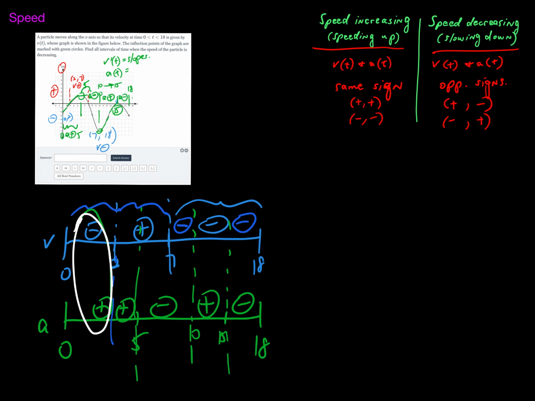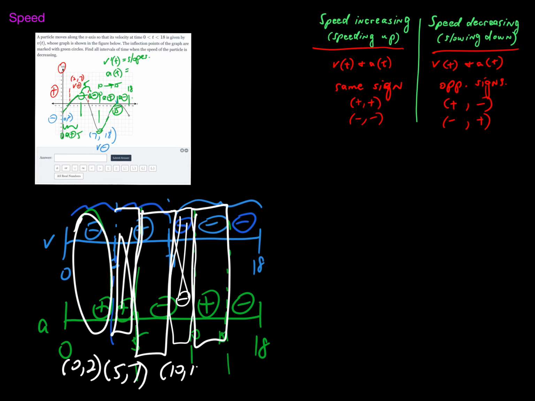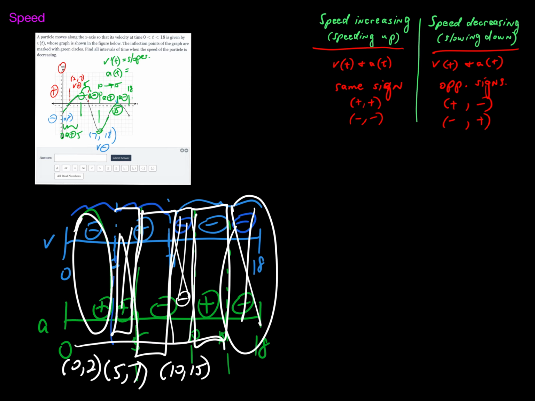These are different signs going from 0 to 2. And then these are the same signs right here. And over here, these are opposite signs again. That's going from 5 to 7. And our last interval where they're different is going from 10 to 15, because after that, they're the same sign. We don't want that. Here's our answer, these 3 intervals.